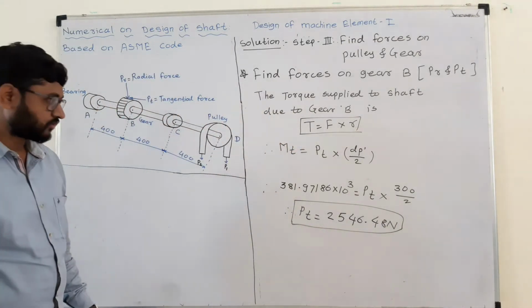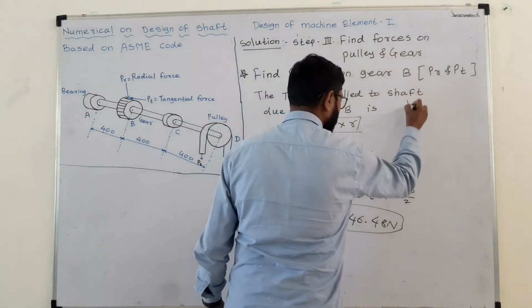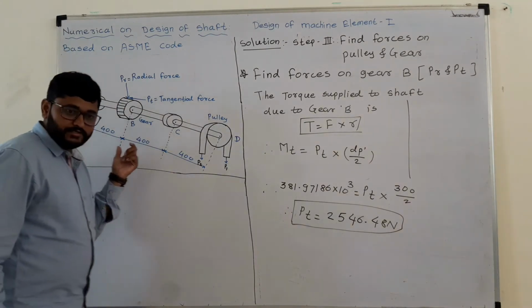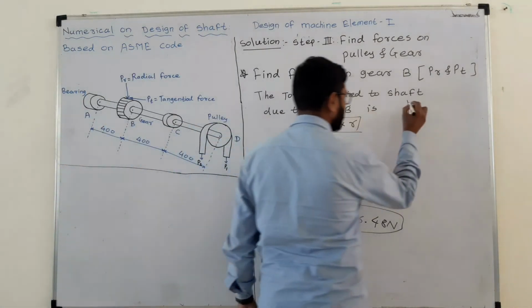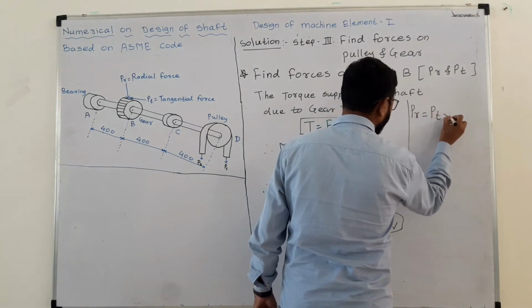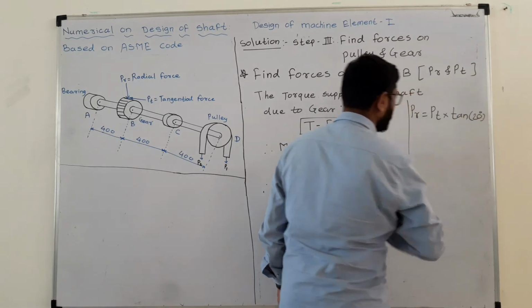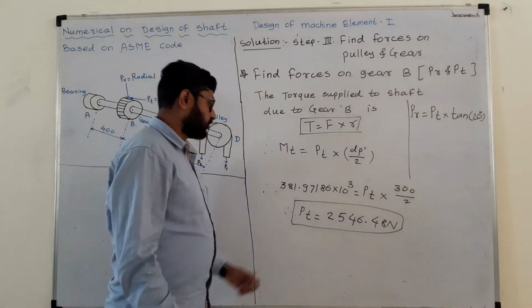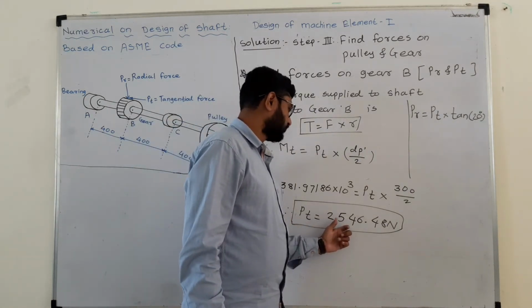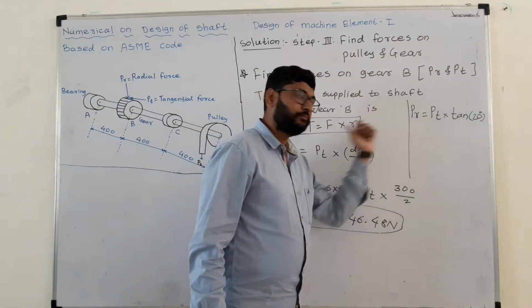In the numerical it is given that the relation is PR equals PT into tan of 20 degree. So by using PT as 2546.48, we will get the answer for PR.